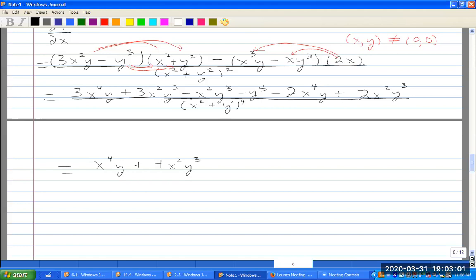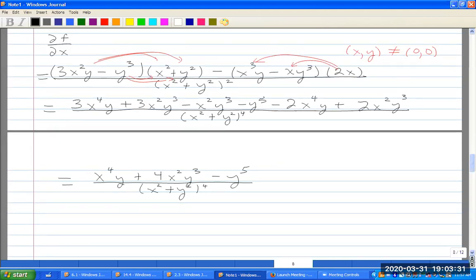Combining these, you get 2 of these plus 2 more is 4. Minus y^5, and over x squared plus y squared to the fourth. Okay. So that's the first partial.